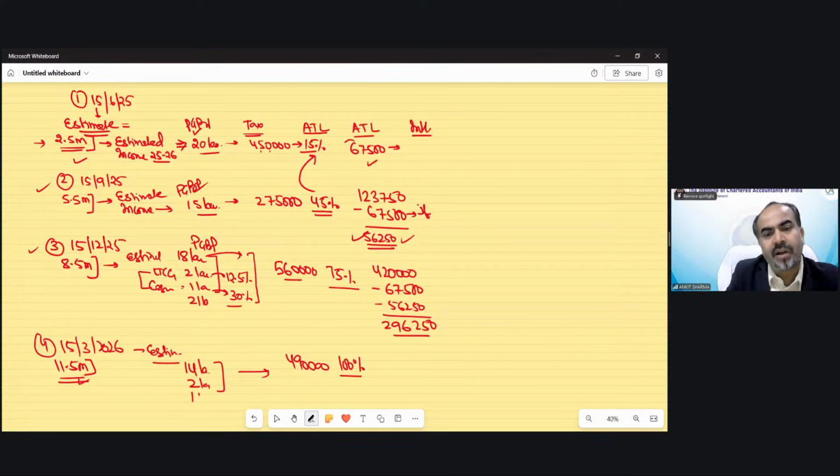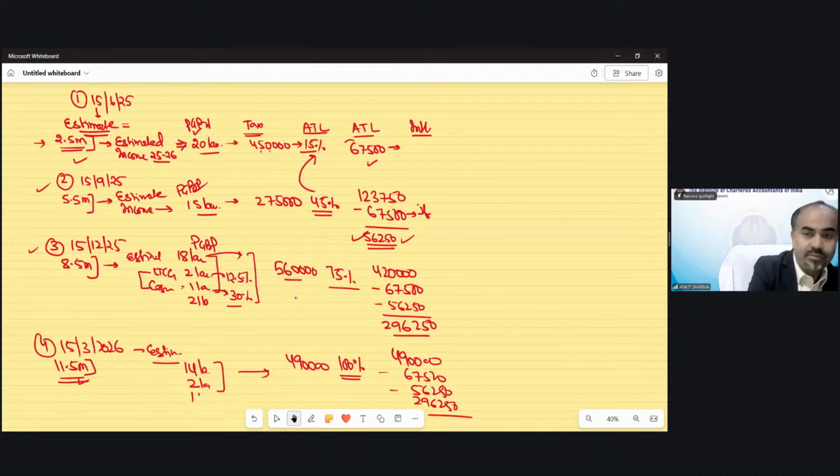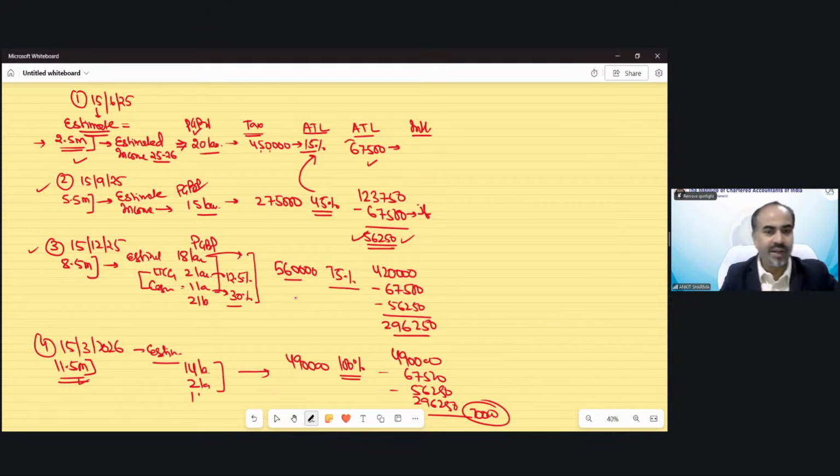Need to deposit the full 100% now. 490, less whatever you have deposited: 67,500, 56,250, and 296,250. So the balance is now 70,000. This will be the last advance tax liability. You have to deposit it on 15th March 2026.